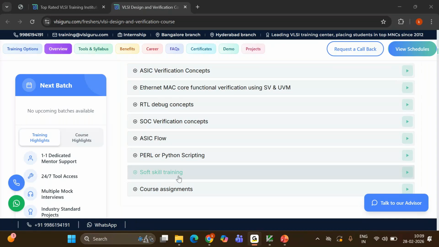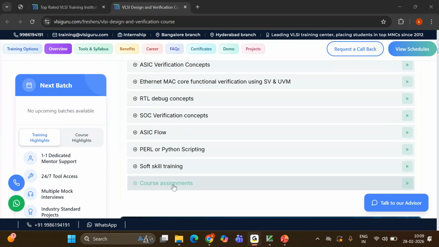Is it clear? The course assignments, as I told you, in each module we'll be having an assignment: digital topics, Verilog, SystemVerilog, UVM, AXI, Linux, Python. To solve these assignments, VLSIGuru provides dedicated lab support, or assignment support as we call it.